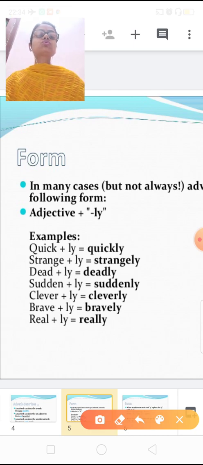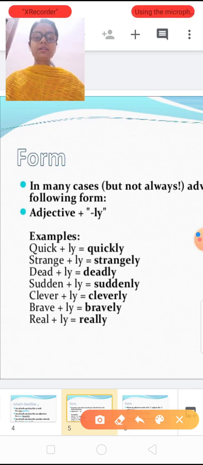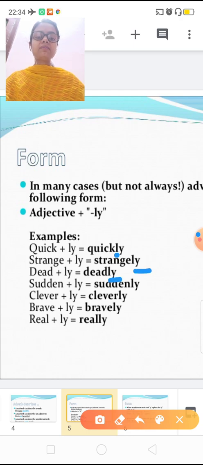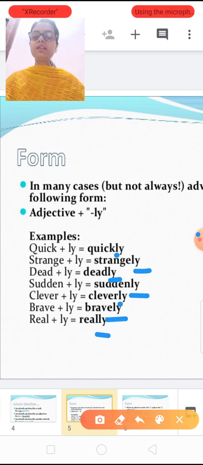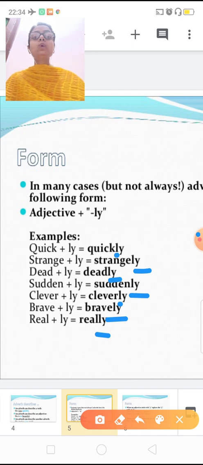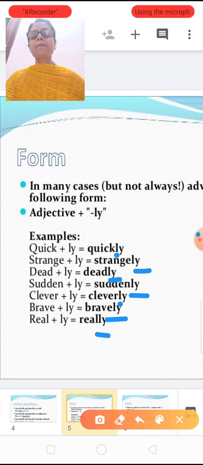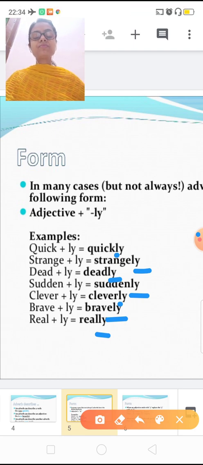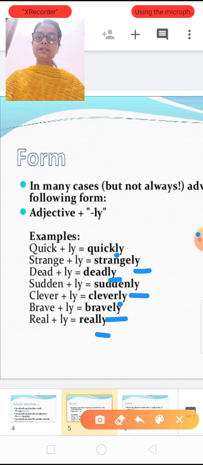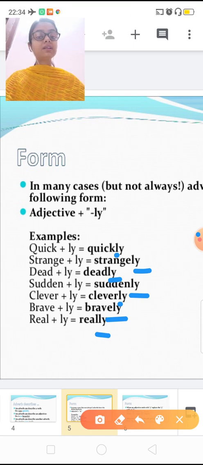Okay? So, if you see, each adverb here is ending with ly. So, yes, we can make an adverb by adding ly to an adjective like quickly, strangely, deadly, suddenly, cleverly, bravely, really.